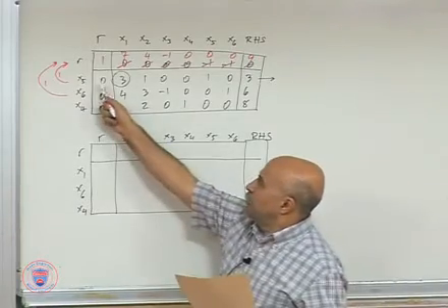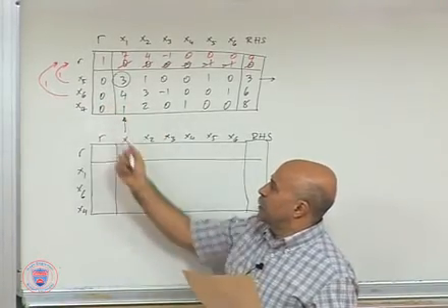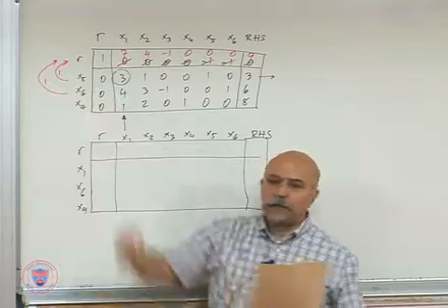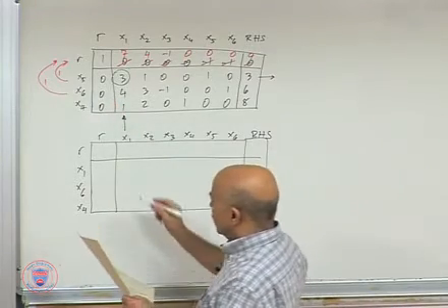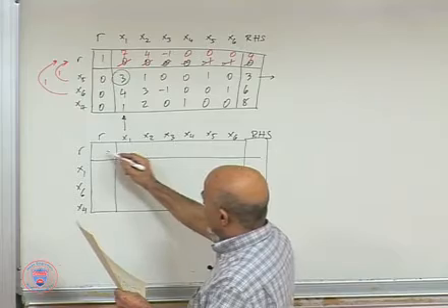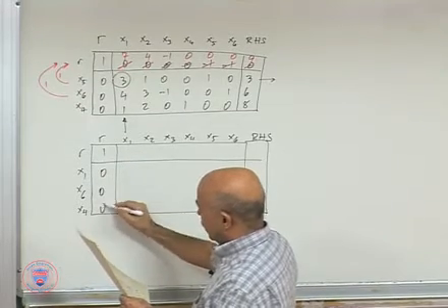So in this iteration, going from the initial to the next tableau, I'm getting rid of one of the artificial variables. Your second tableau looks like the following.